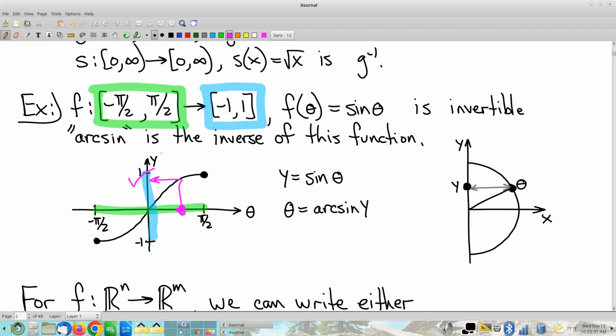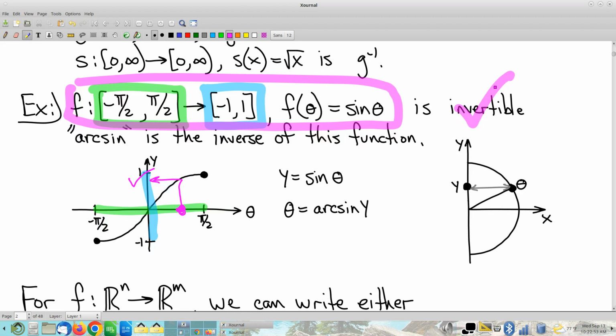Right? So as I've got it defined here, this trio, this specific domain, this specific target, that formula, sine, is invertible. Everybody on board?